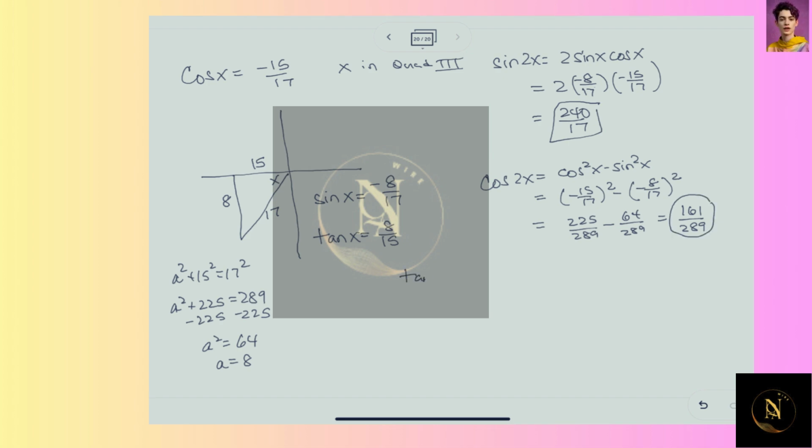Now to find tangent of 2x, tangent of 2x is just equal to 2 times the tangent of x over 1 minus tan squared x. So we have 2 times 8 over 15 over 1 minus 8 over 15 squared.